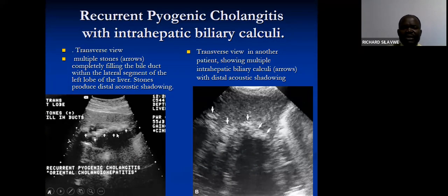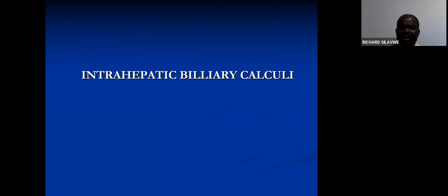You can see the shadowing here, the small arrows there. That's a transverse view in another patient showing multiple intrahepatic biliary calculi. Those are the ones that we are talking about.